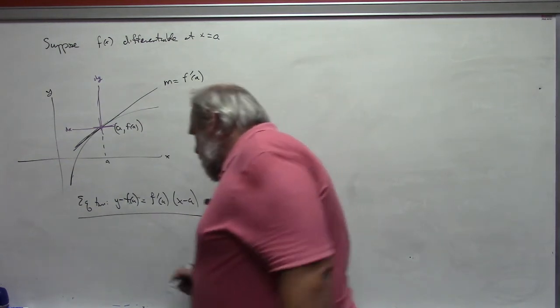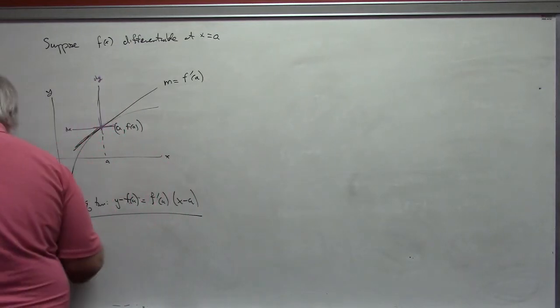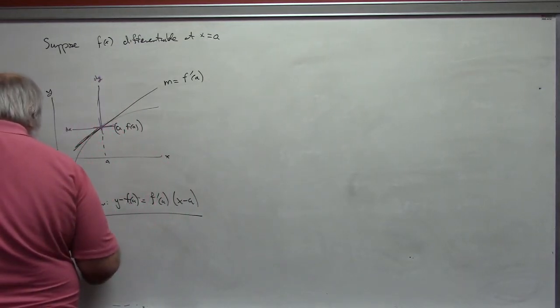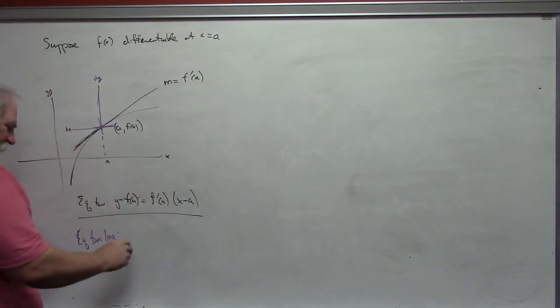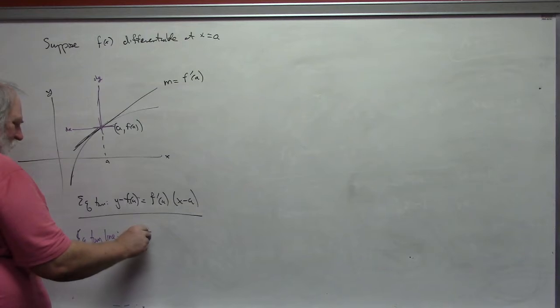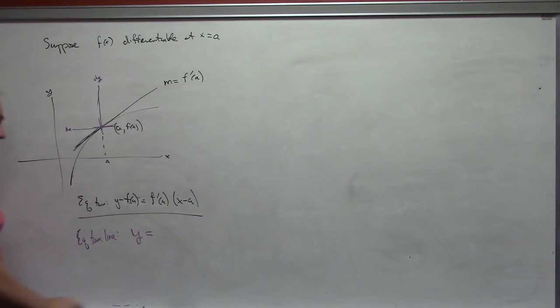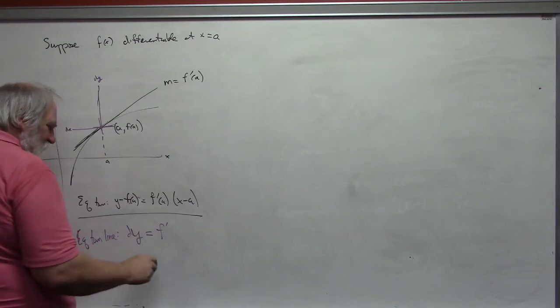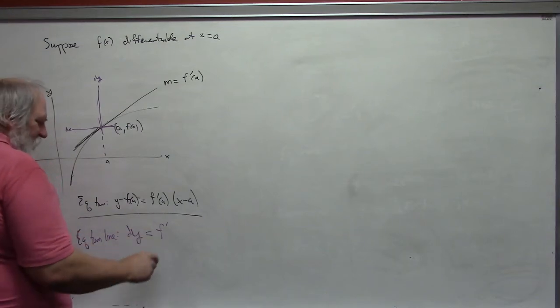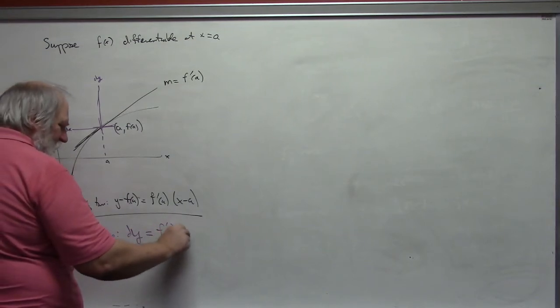So the equation of the tangent line with regards to the new axes would be dy is equal to f prime at a times dx.